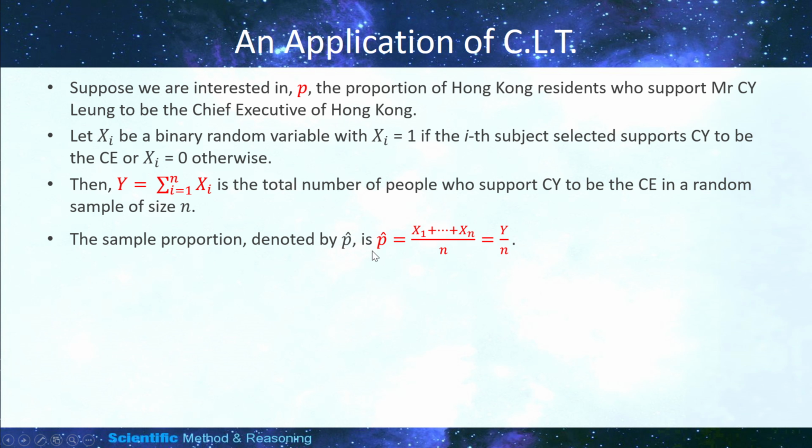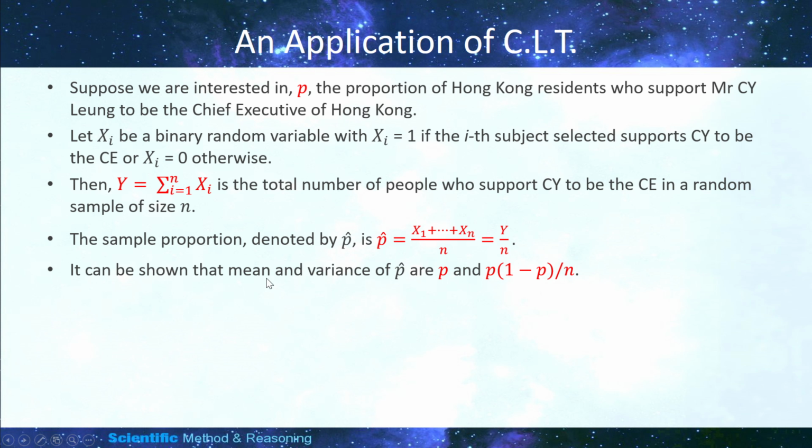This is just what we call the sample proportion, the sample proportion of people who support CY to be the chief executive. And notice that this sample proportion can be represented in the form of a sample mean as well: the sum of x1 up to xn, and then we take the average. So the sample proportion is also in the form of a sample mean.